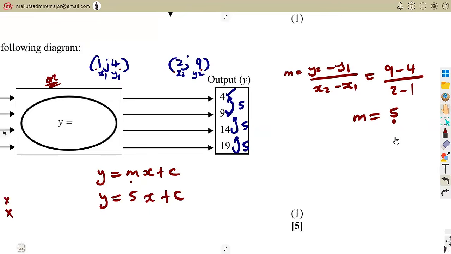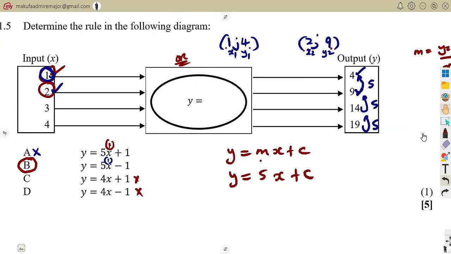So to find the value of c, we can substitute any corresponding point that you are given. Remember, when x is 1, y is equal to 4. That's a point. So in place of y, you can substitute 4, when x is equal to 1. Still, we are going to have the same value of c. 5 times 1, that's 5.